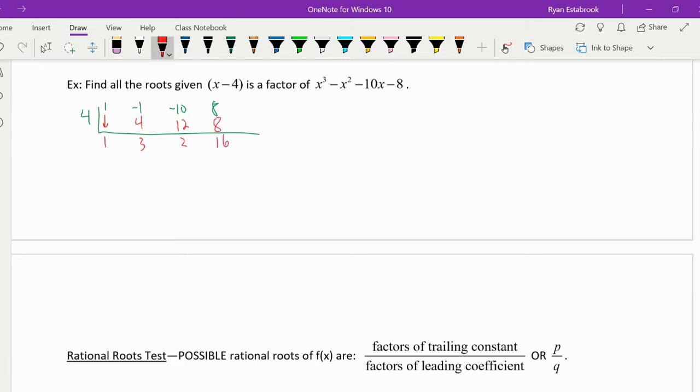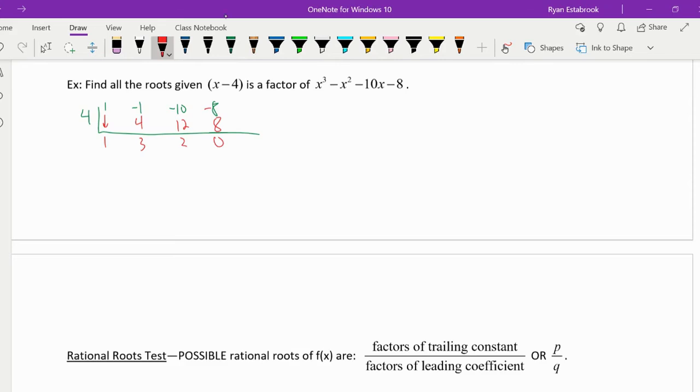Oh, wait, I did something wrong. Oh, very good. All right, so negative 8 goes there. Thank you. And that's going to make it a 0 at the end. So I should expect to get a 0 at the end. It means that there's no remainder.